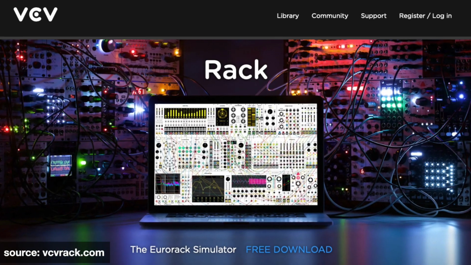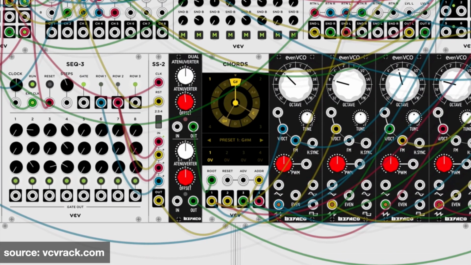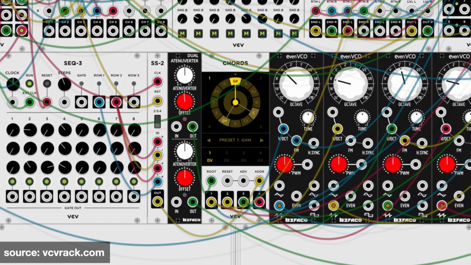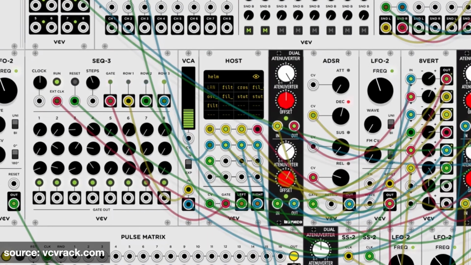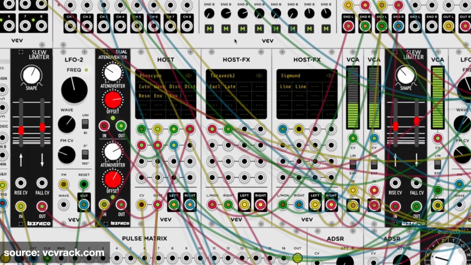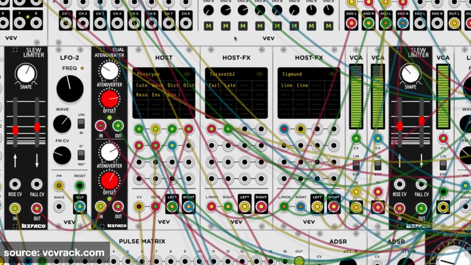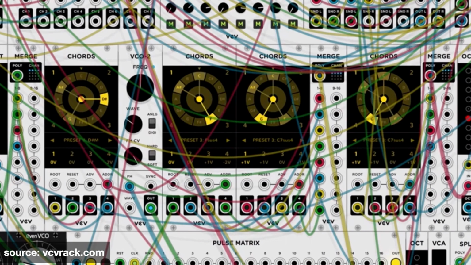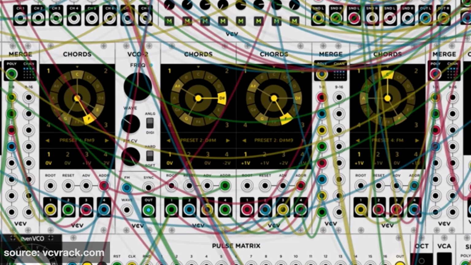First off, I want to recommend one of my favorite programs out there, VCV Rack. It's a modular synthesizer virtual environment that you can use. It uses the same format that your rack uses, so it's very easy to learn. There's inputs and outputs. There's even commercial modules that you can find in the real world in the software.